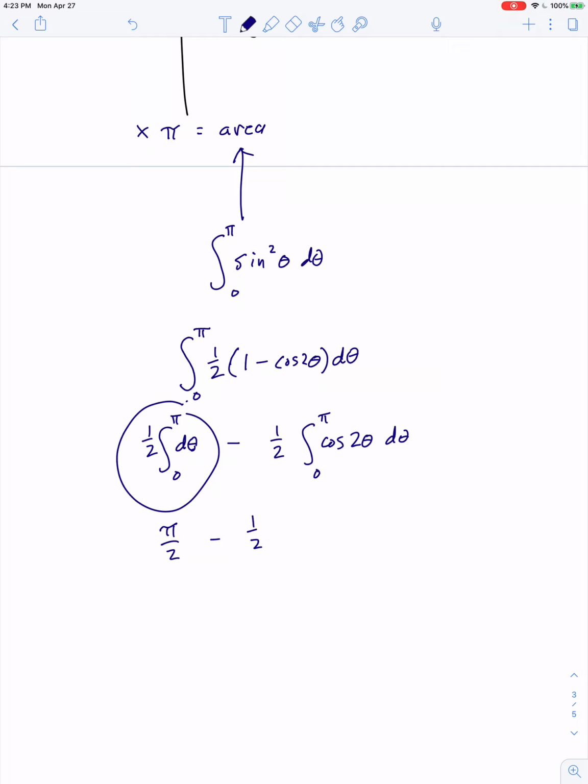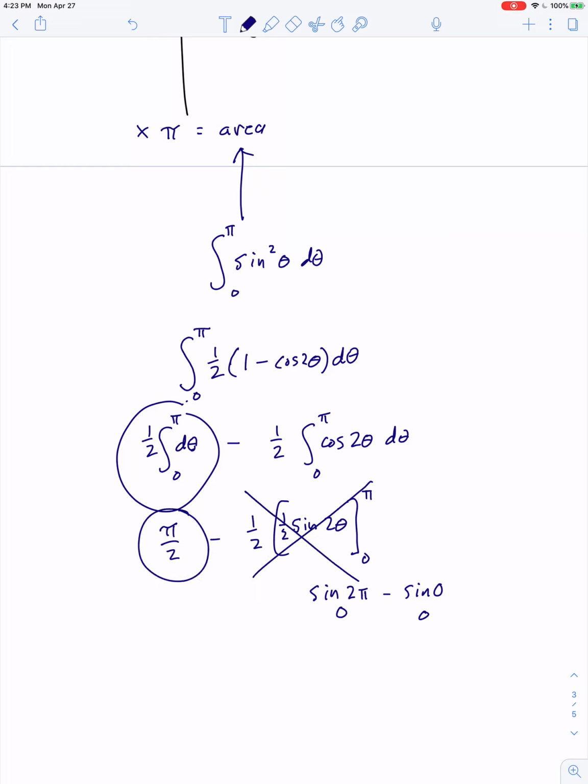The integral of cosine of 2 theta is 1/2 sine of 2 theta. Now if I evaluate that from 0 to pi, this is the sine of 2 pi minus the sine of 0. Well, wait a minute. Sine of 2 pi is 0. Sine of 0 is 0. Well, this whole term is 0. Oh, so that's it. The area is pi over 2.